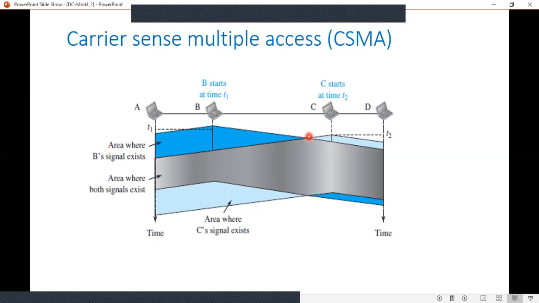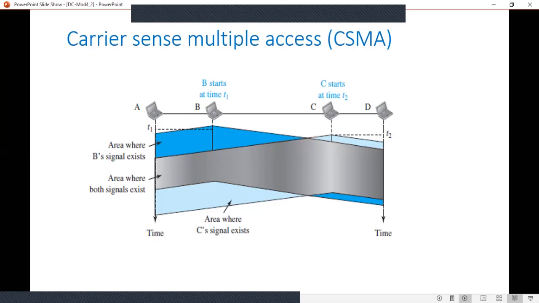C will understand that it has undergone a collision when the signal from B reaches C. At the same time, when the signal from C reaches B, it will understand that there is a collision. This is the place where the collision happens.